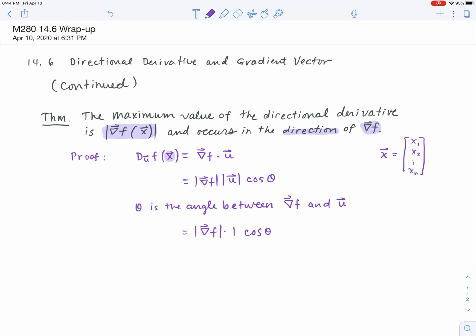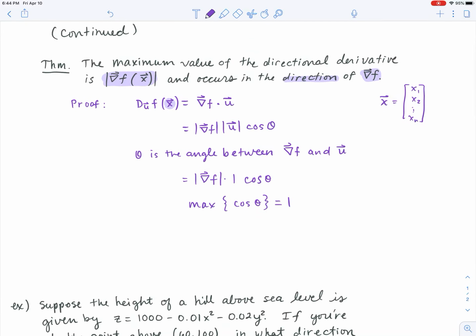Okay, so now the maximum value of cosine of theta is 1, because cosine goes from -1 to 1. So then the maximum, you can see, is just the magnitude of the gradient vector.